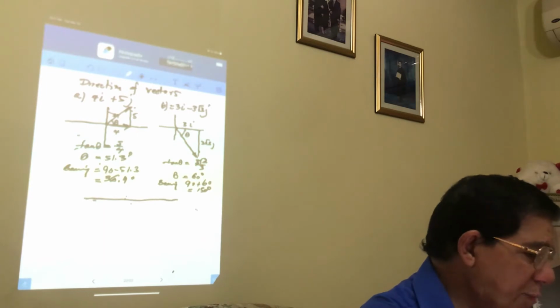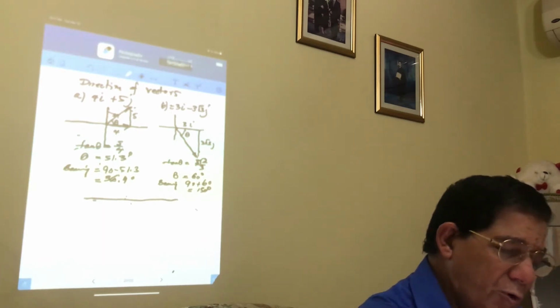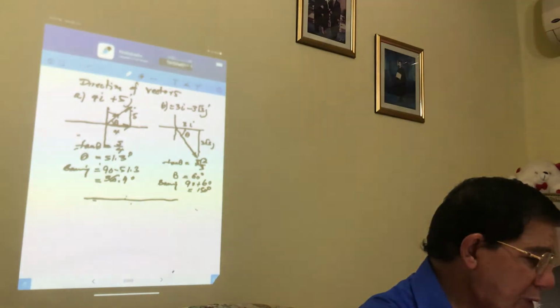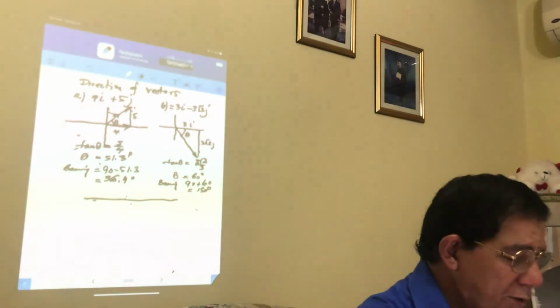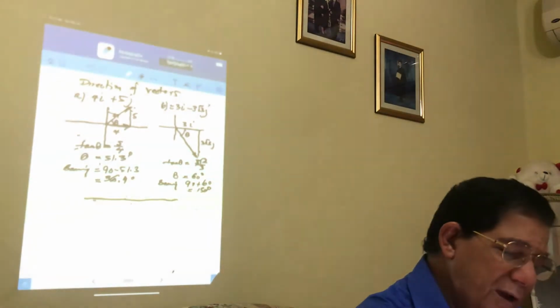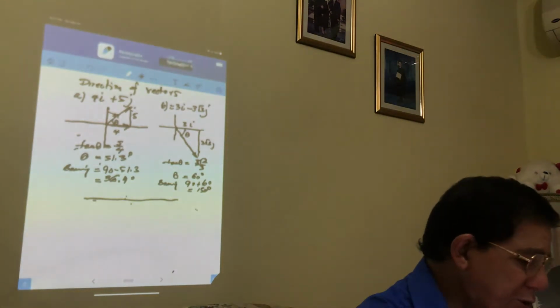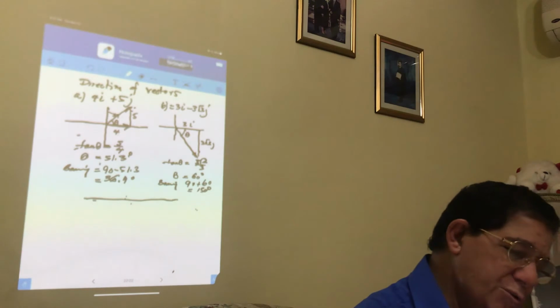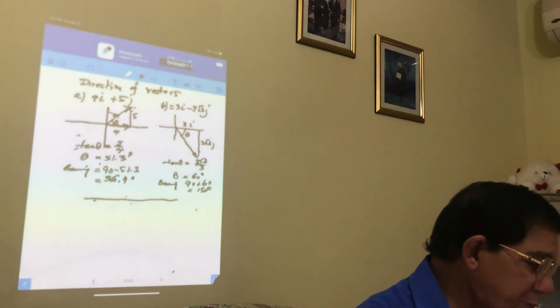If I want to get the magnitude of a vector, I just say the square root of the x squared plus the y squared. And then also to get the angles or direction of vectors is very easy, we draw it. But now we have a very interesting question, like what?